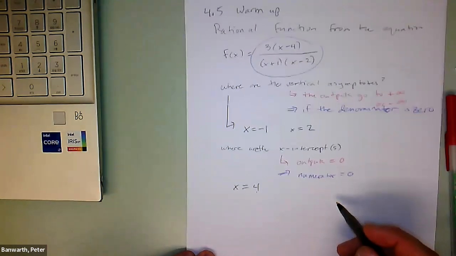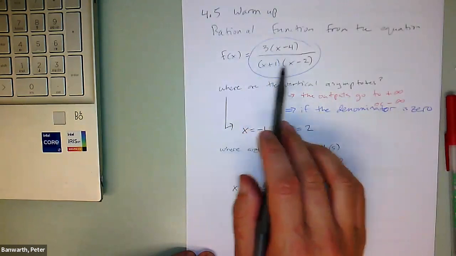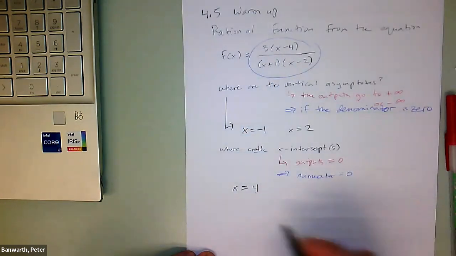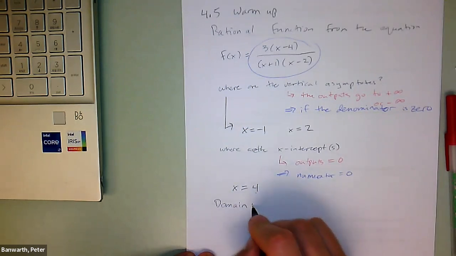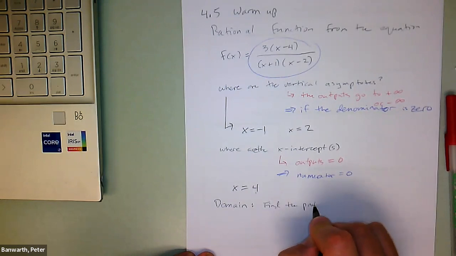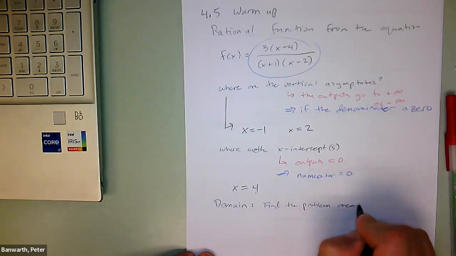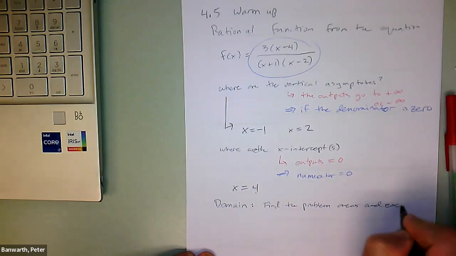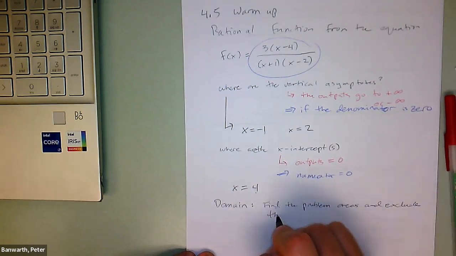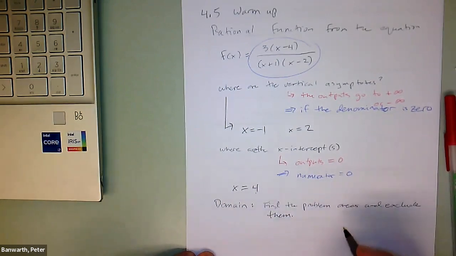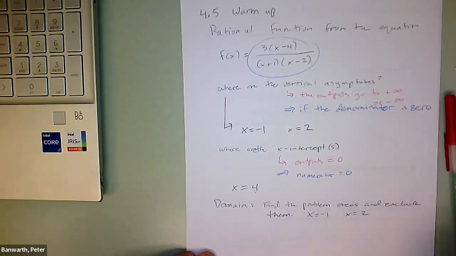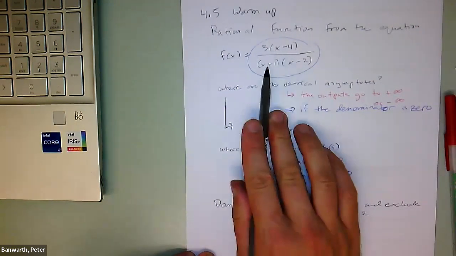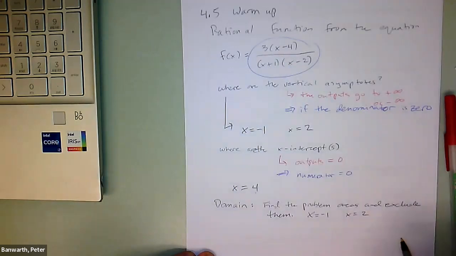Domain and range. All right, so you've got this rational function here, and you want the domain. For a rational function, the easiest thing to do is find the problem areas and exclude them. And you'll have problem areas when x equals -1 or x equals 2, because that would make the bottom 0 and you can't divide by 0.